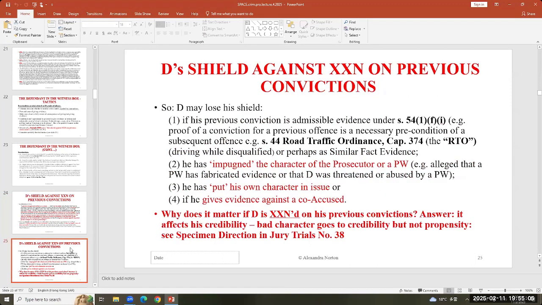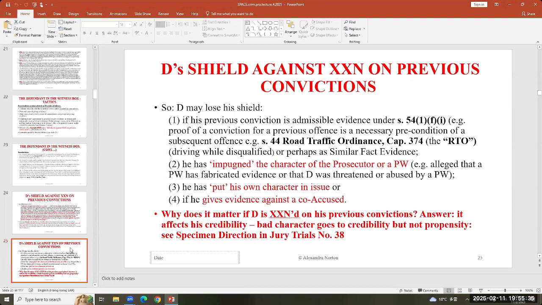So let's break it down a little bit more. Subsection 1, his previous conviction could be introduced if it's a precondition to satisfying the elements of this offense. So the best example is if he has a previous conviction and he was disqualified as a result, then he may be questioned about that previous conviction if he's charged with driving while disqualified, because being disqualified is an element of that offense.